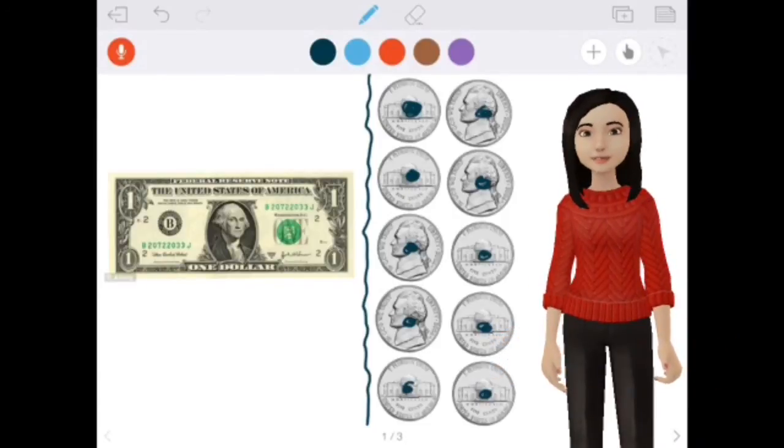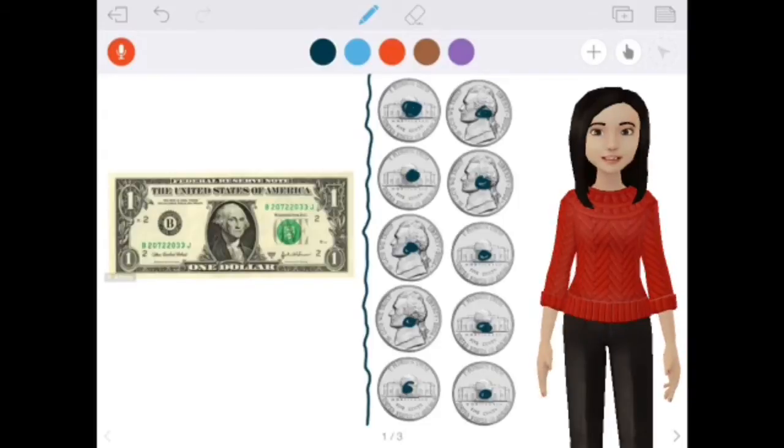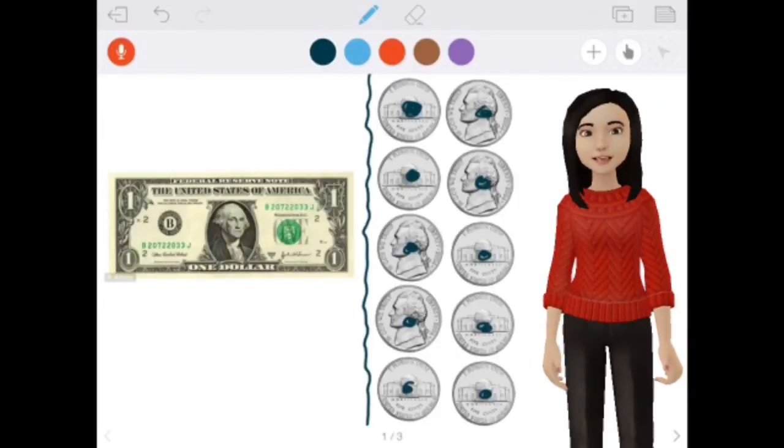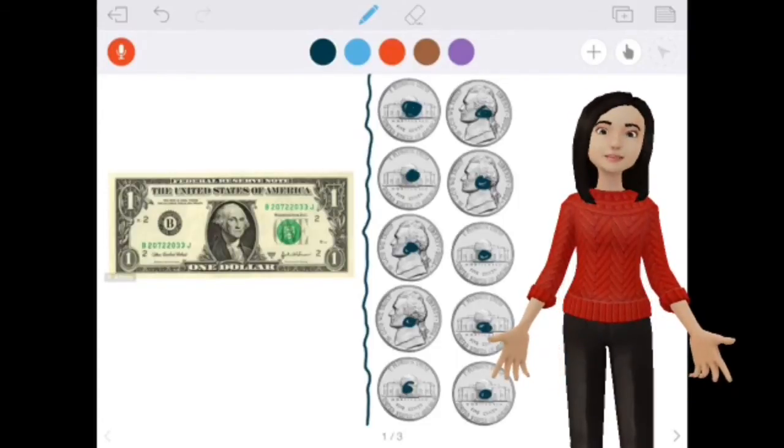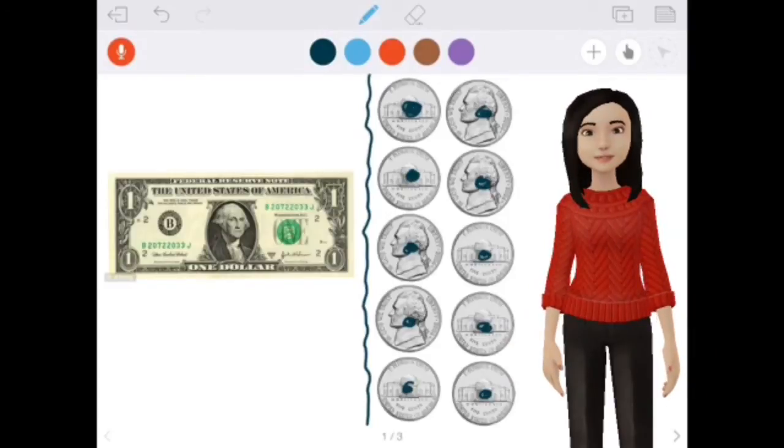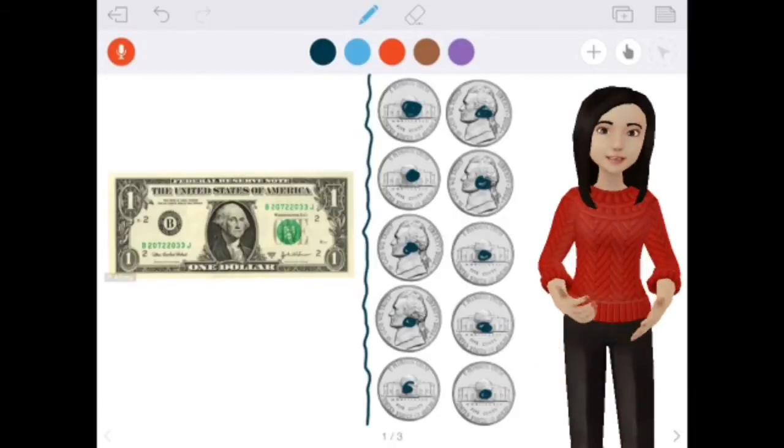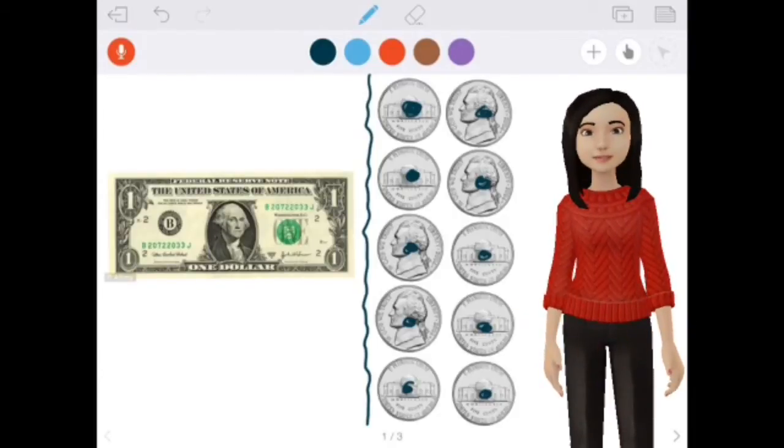So let's skip count by fives and see how much we have. 5, 10, 15, 20, 25, 30, 35, 40, 45, 50 cents. Oh, 50 cents is half of 100 cents. This is half of $1.